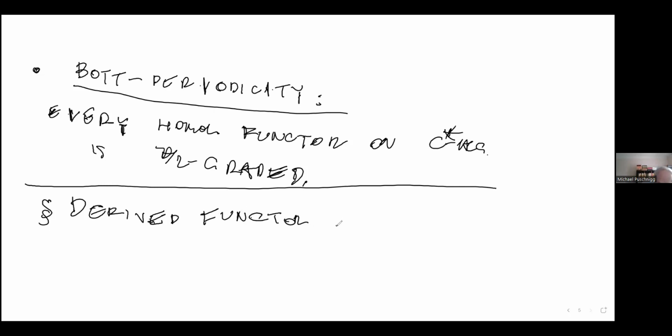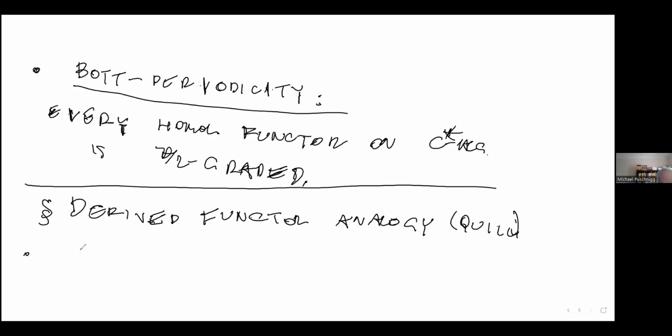The analogy is due to Quillen, and it goes as follows. When you look at the usual derived functor, let's say you do the following.